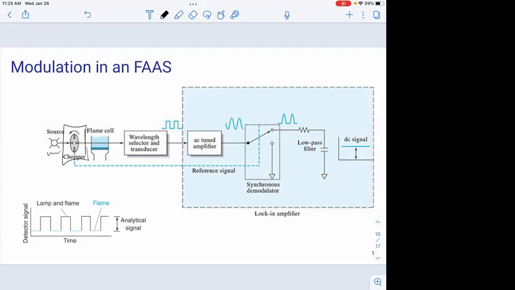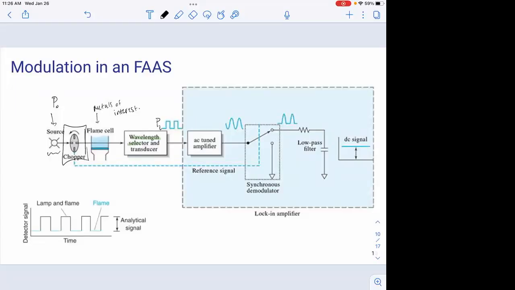So in your flame cell, this is where your metals of interest, or analyte of interest, lie. They will absorb a particular wavelength of light from your source. And so what you're doing is measuring the intensity of that particular wavelength of light, thus the wavelength selector, after it has gone through the flame cell.